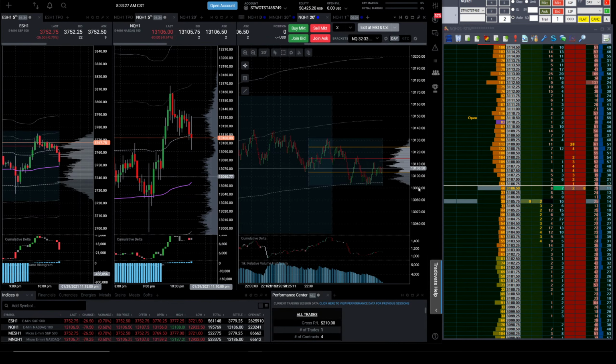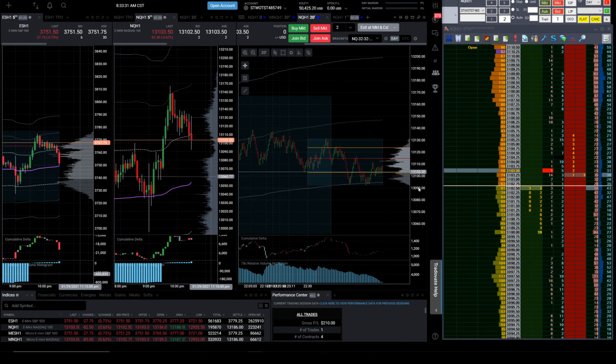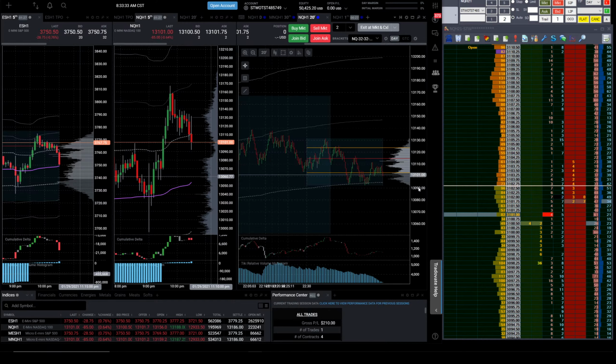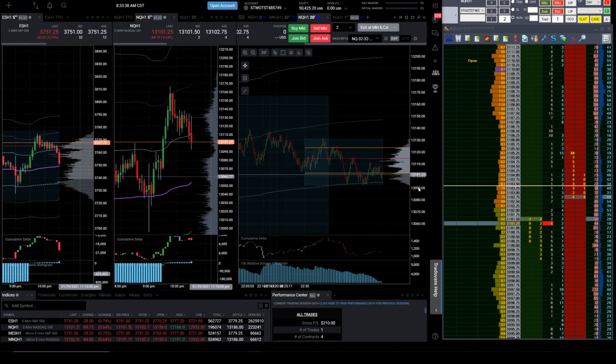A 3900X processor. It's 12 cores and 24 threads.